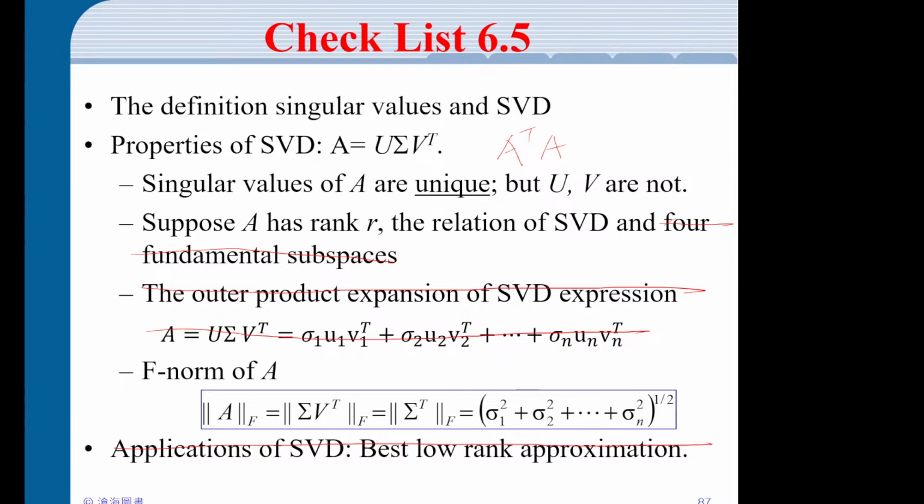If A is a real symmetric matrix, then we know A equals U D U^T. Then A^T A equals... A is symmetric, so A^T A equals A squared.